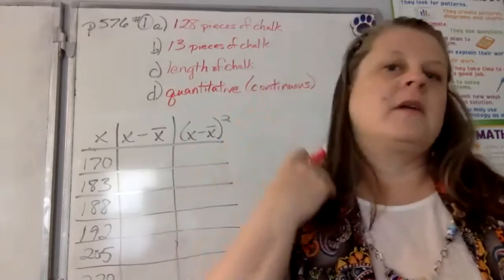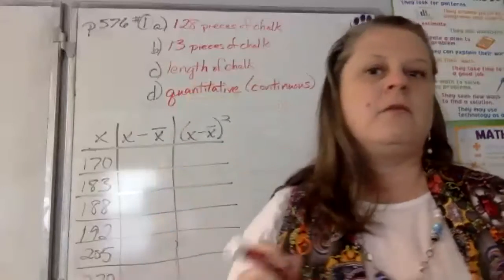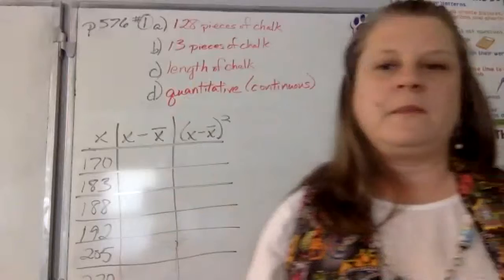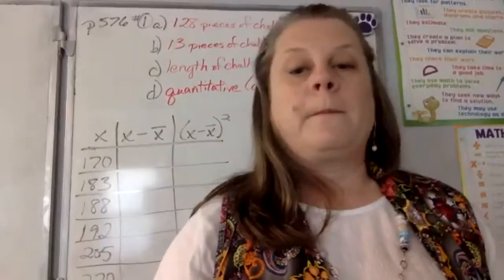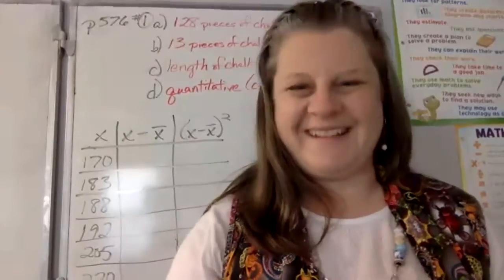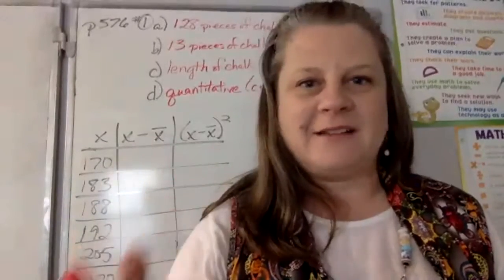Continuous. Okay, it's not continuous. Right now, I'm just worried about whether it's quantitative or qualitative. Oh, qualitative. Does it deal with a number? Oh, no. Quantitative. I know it's hard. Quantitative.